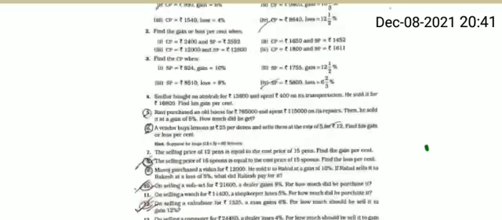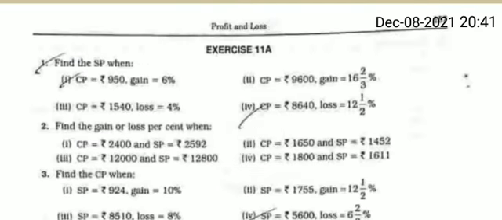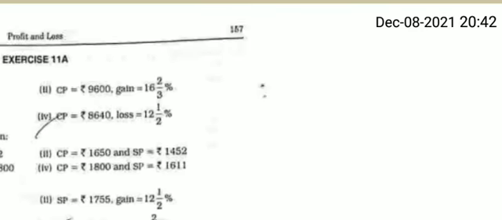Here, first question of exercise 11A. Number 1: find the selling price when cost price is given and gain is also given, 6%. So we know the formula.